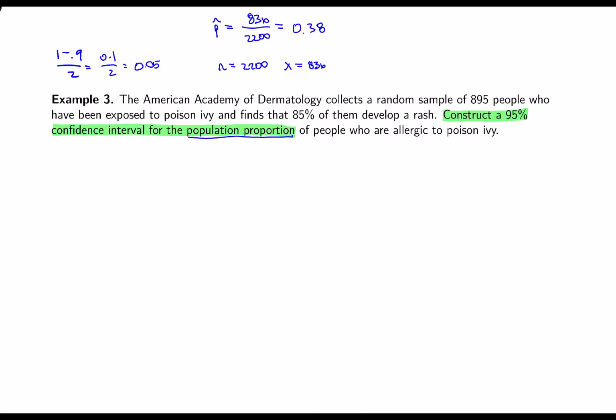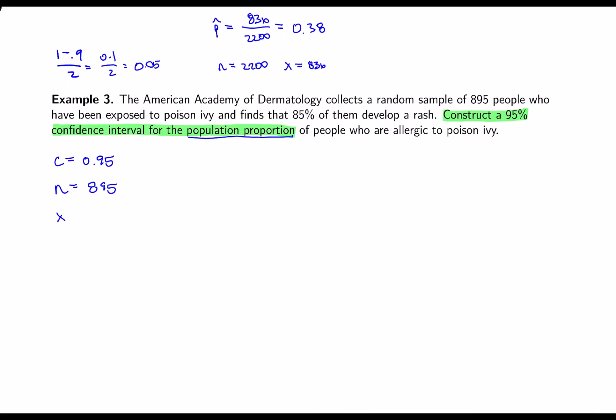Now, to do this, there are some basic things that you need. You're going to need your level of confidence, which in this case is 95%. You're going to need your sample size, which is 895.